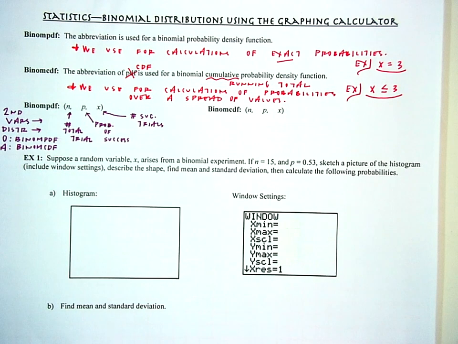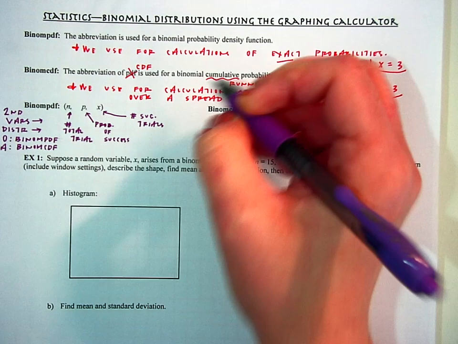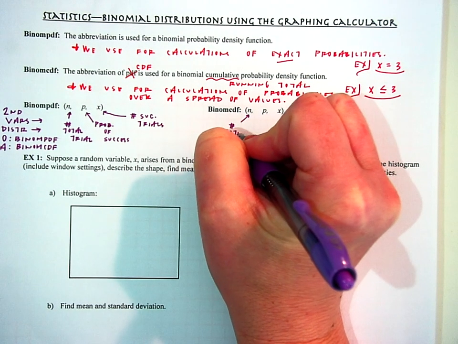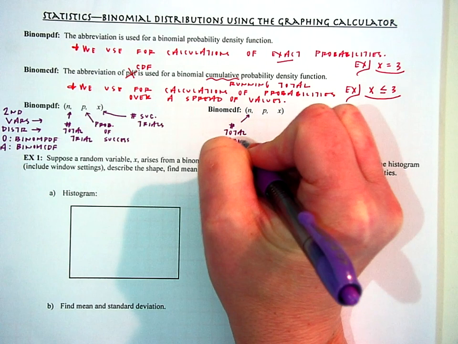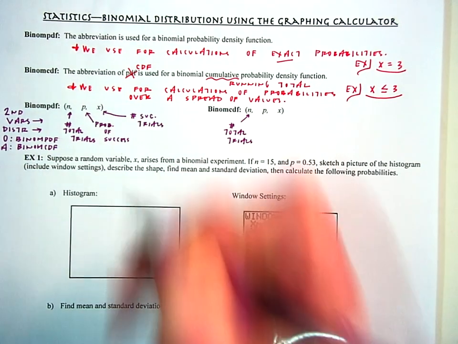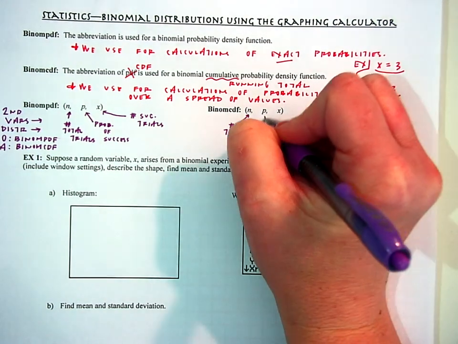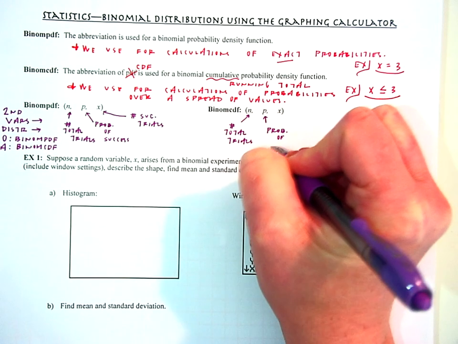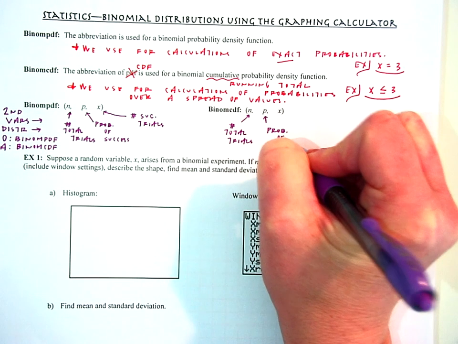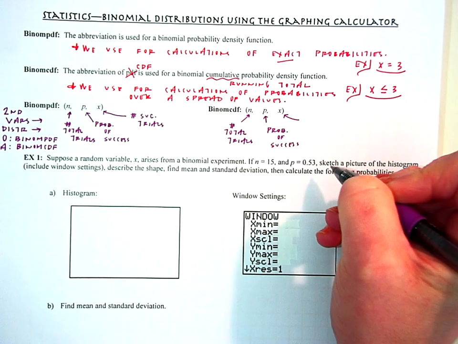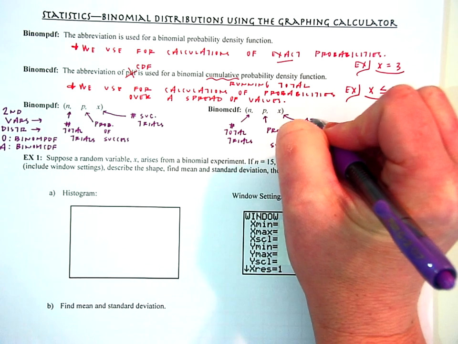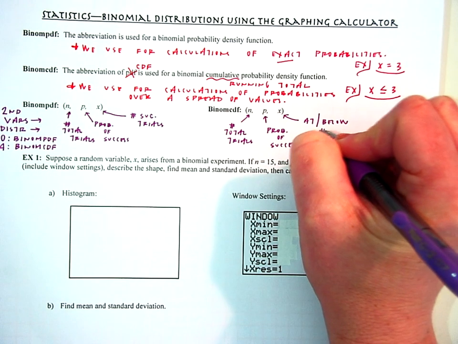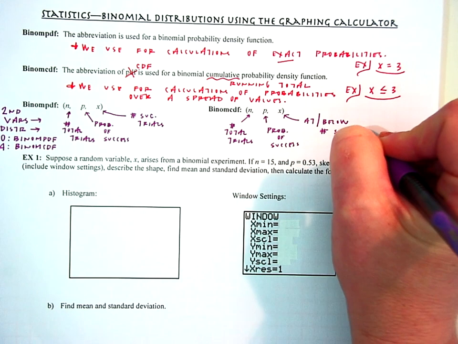Then when we use binomCDF instead, the n is still the number of total trials, and the p is still the probability of success. And the x, here we're looking at or below this number of successful trials.